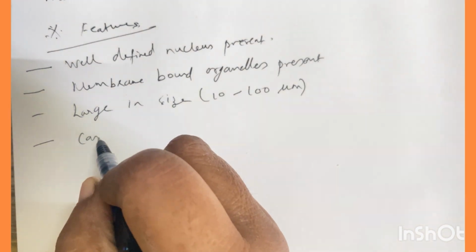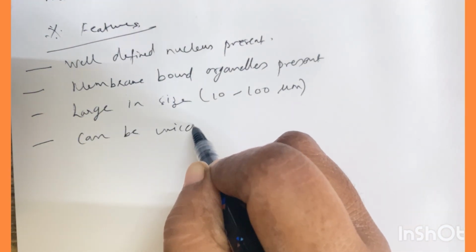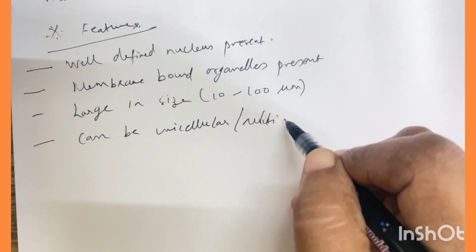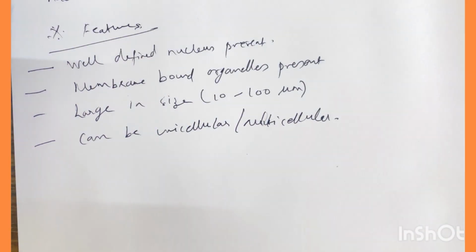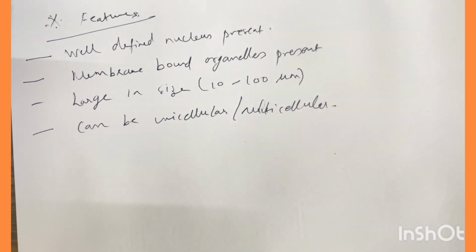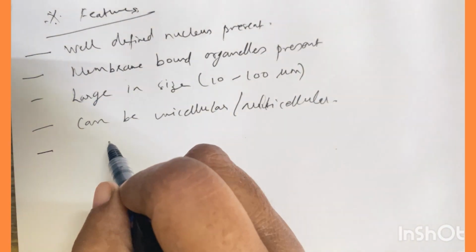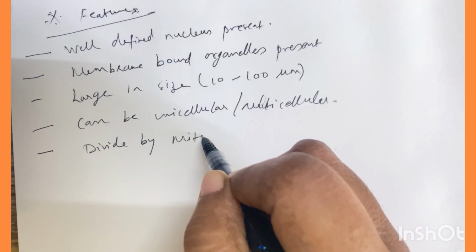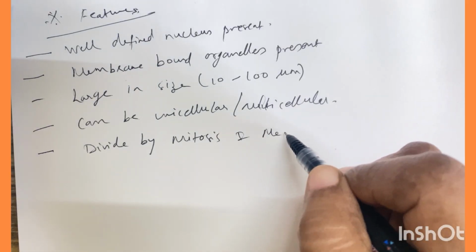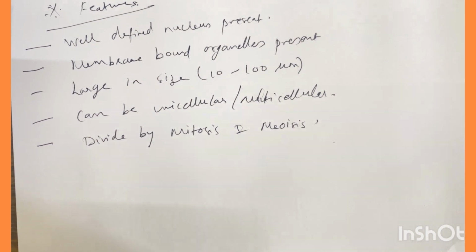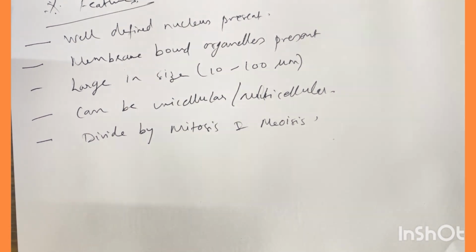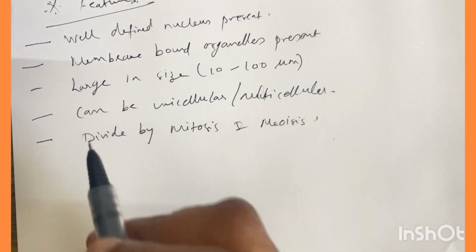Now, this can be both unicellular as well as multicellular, and they divide by two processes, mitosis and meiosis. Okay. So, there in prokaryotes we saw the division was only binary fission, but here it uses both mitosis as well as meiosis. Okay.